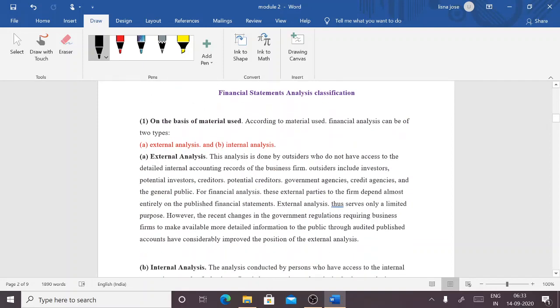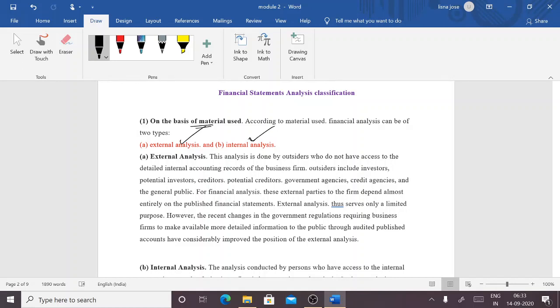This financial statement analysis can be classified in different ways. On the basis of material used, there are two kinds of classification, that is external analysis and internal analysis.